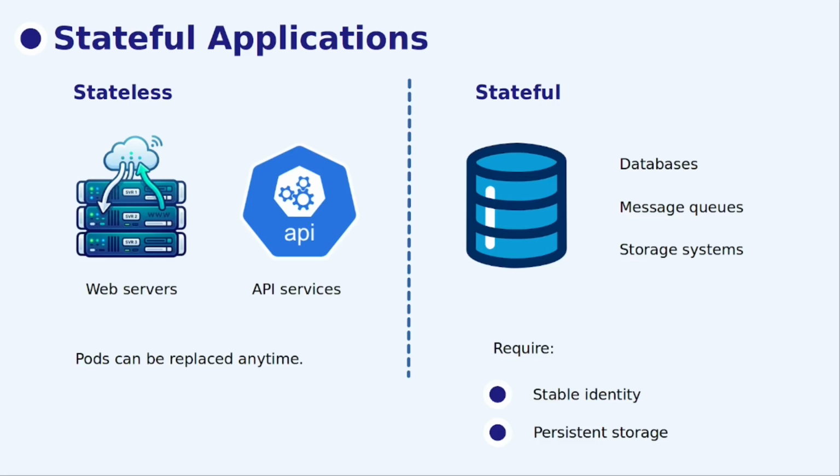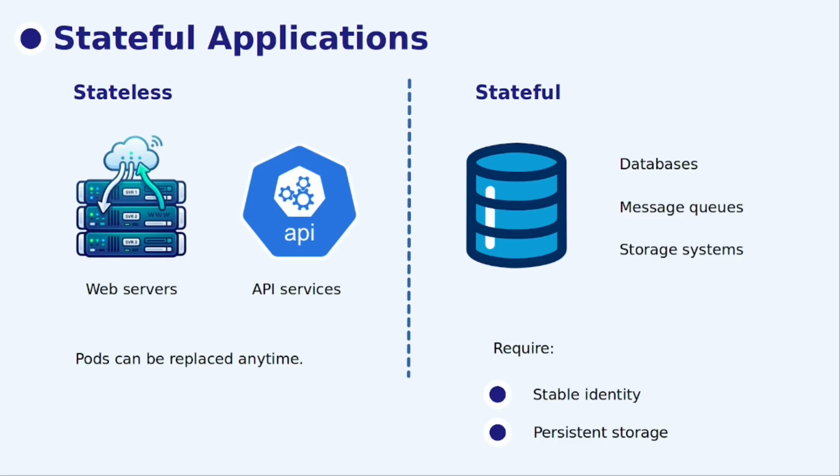From stateless to stateful thinking. At this point, we need to change our mindset. In Kubernetes, applications fall into two categories: stateless applications, web servers and APIs. These can be replaced anytime without impact.